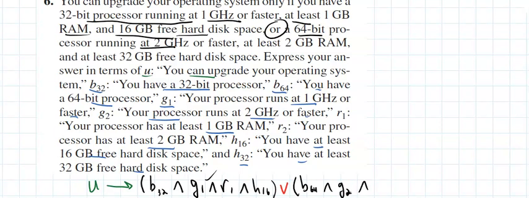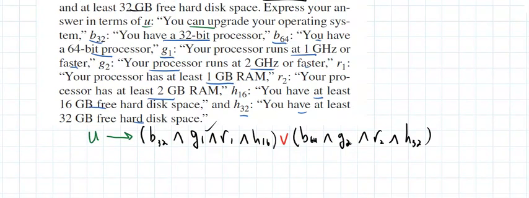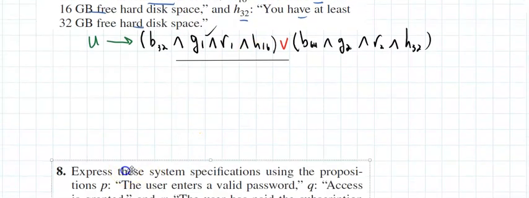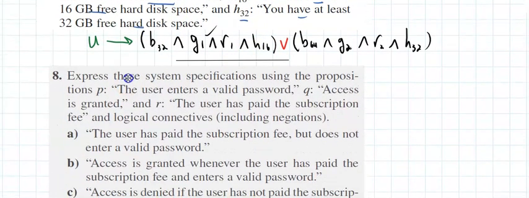And I'm guessing what else? At least 2 gig of RAM and at least a hard drive space of 32. Now testing those is a different story, but that's really how you set them up. That's how you translate, and you figure out which of those is true and which of those is false, and so on and so forth.